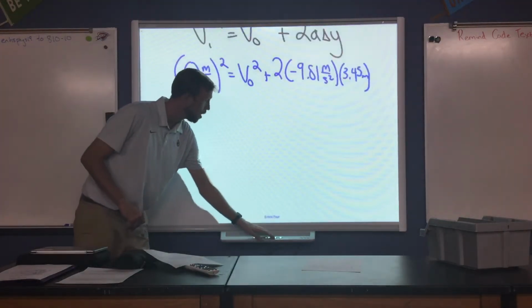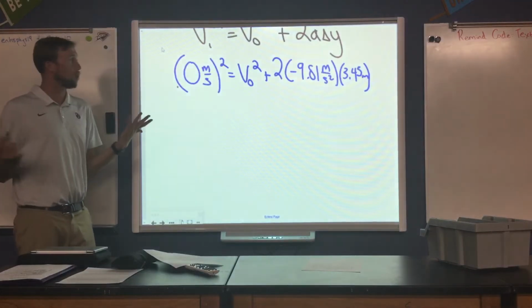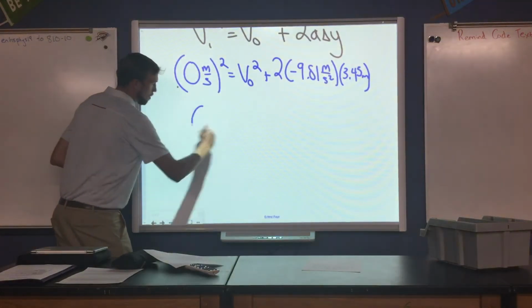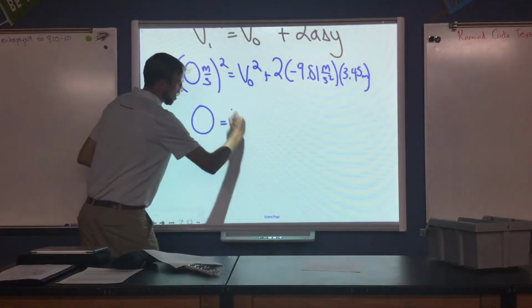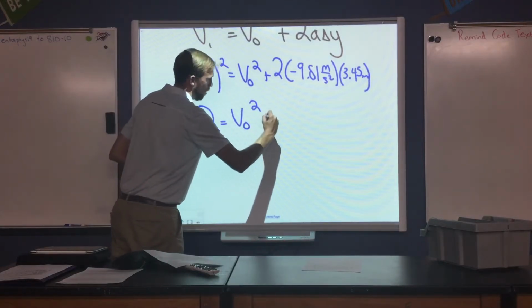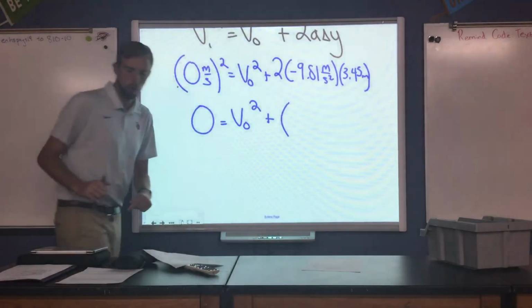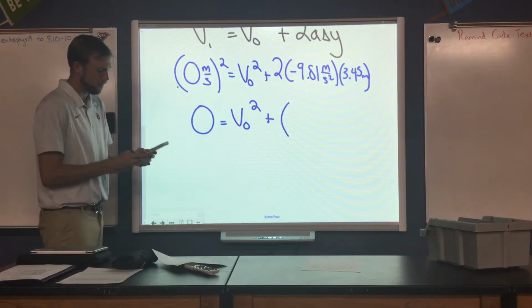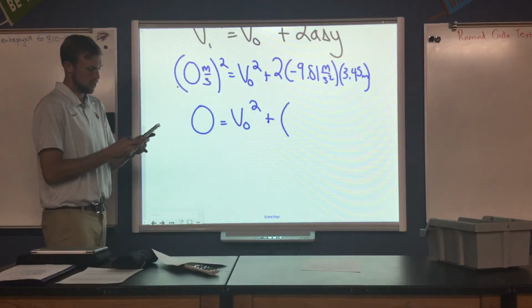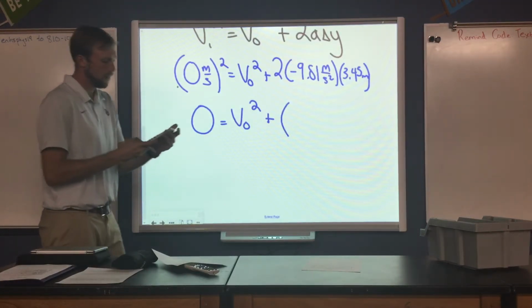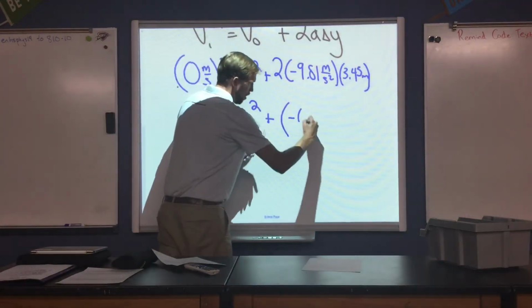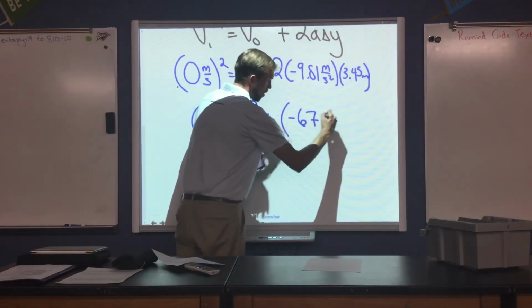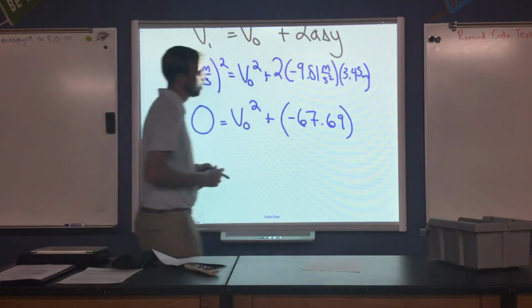There we go. So now what we can do is multiply through anything that we can. So this becomes 0, since 0 squared is 0, is equal to v0 squared plus 2 times negative 9.81 times 3.45, which gives us negative 67.69.